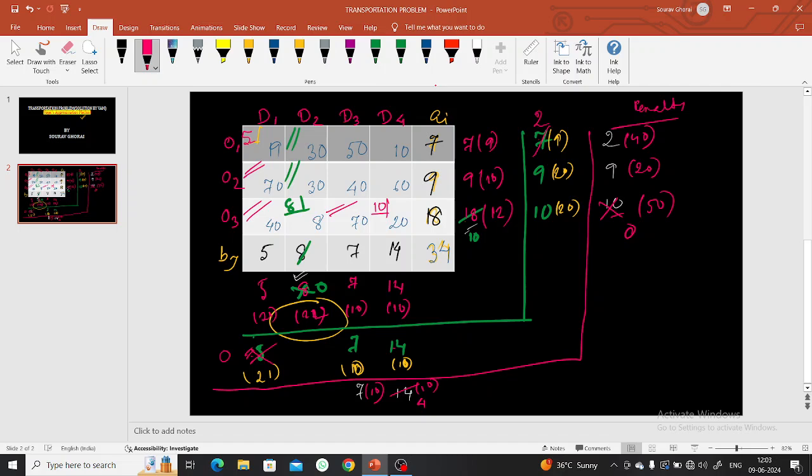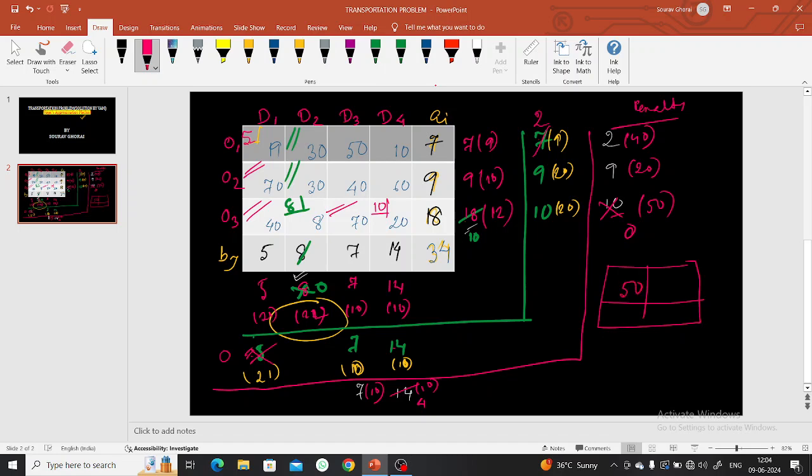Only this 4 is still not exhausted, so we have to work on it. Now I write the matrix in this way, only a 2 by 2 matrix.